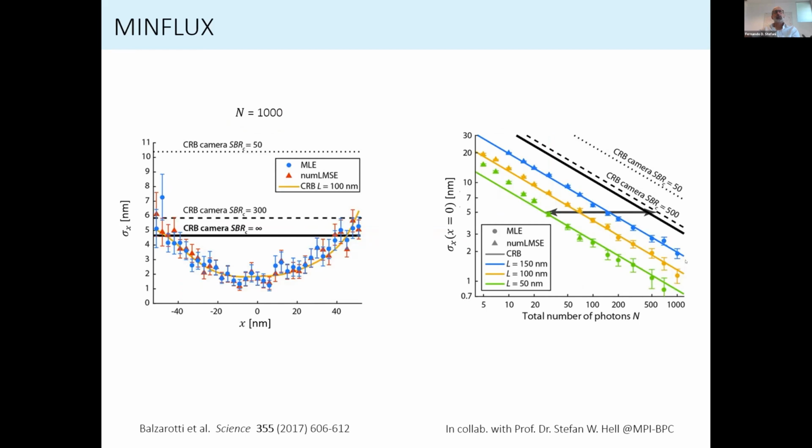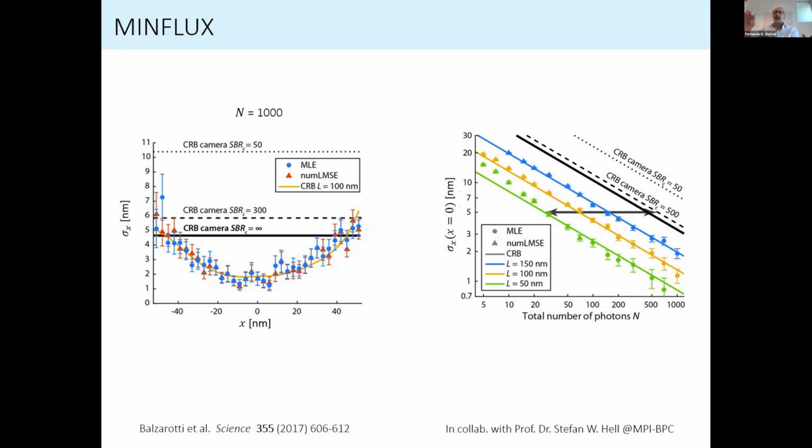For example, here the blue curve is MinFlux using a field of view of 150 nanometers. And you see that, for example, with 500 photons, you get a localization precision of 3 nanometers. If that's not enough, you can reduce the field of view, for example, to 50 nanometers. And then your localization precision is about 1 nanometer, using the same number of photons.